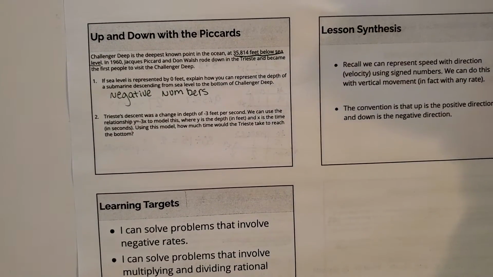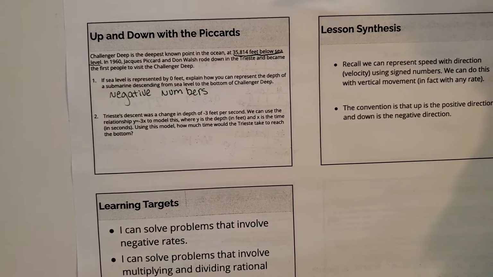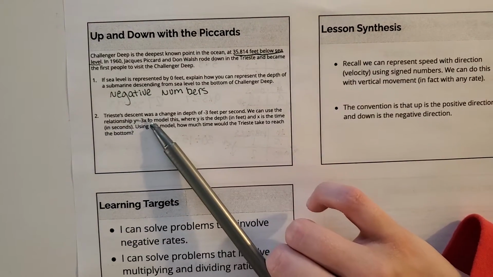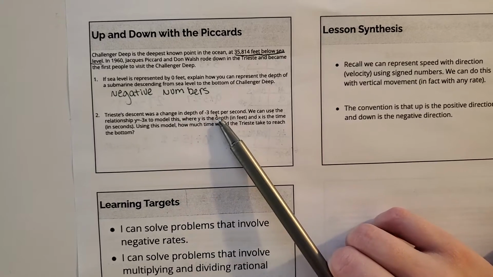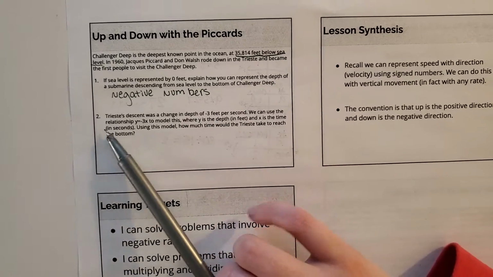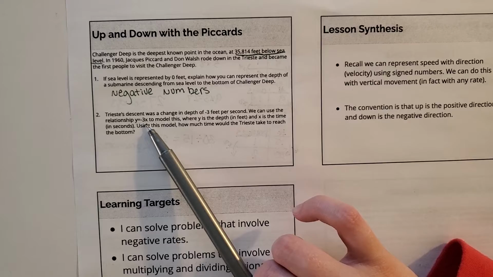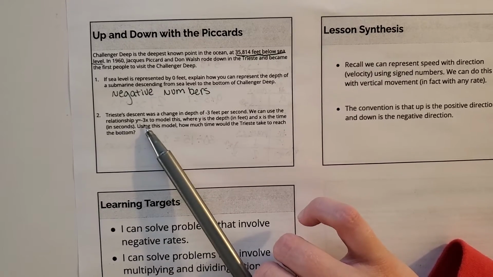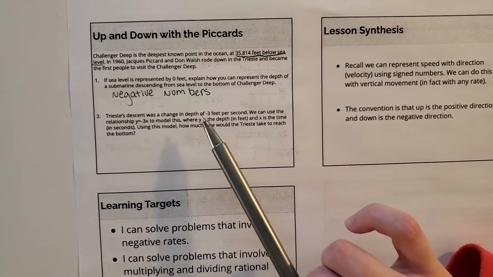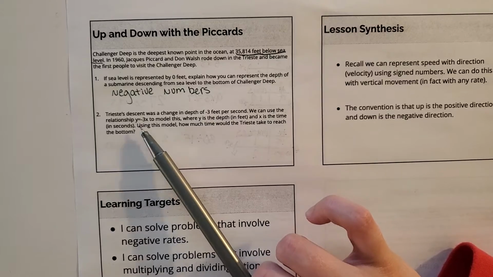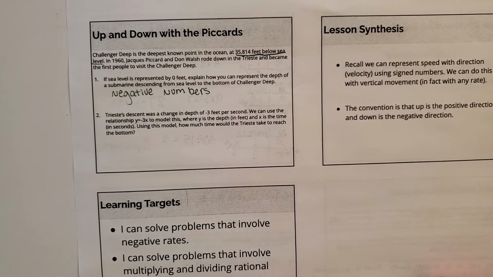If you go above sea level, that would be a positive number. Trieste descent was a change in depth of -3 feet per second, and we can use the relationship y equals -3x, or -3 times x, to model this, where y is our depth in feet and x is our time in seconds.